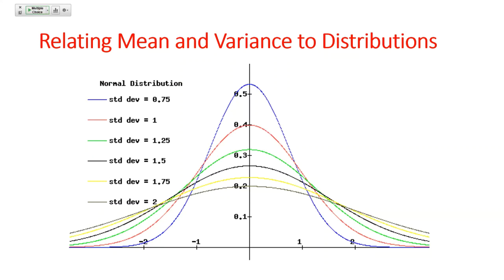So let's say we start out, I've got this distribution, and it's got a mean of 50. If I have instead the same variance but a higher mean, what's that going to do to my distribution? It just shifts my distribution, right?